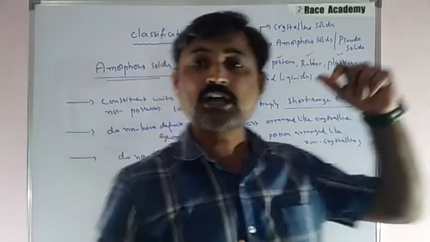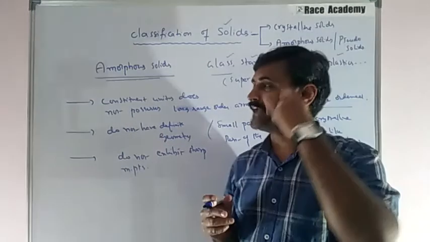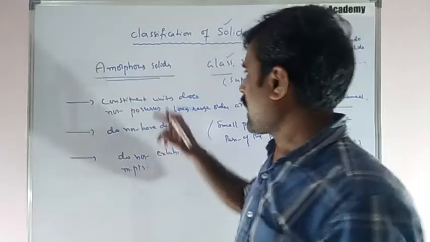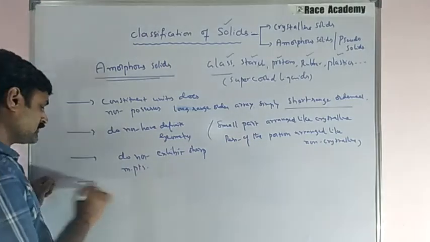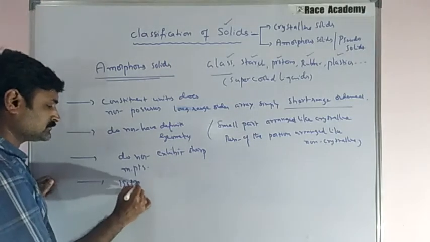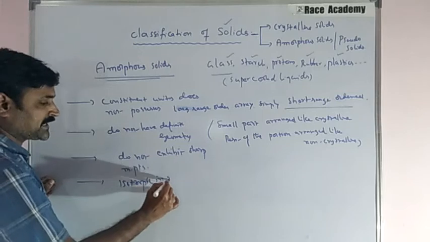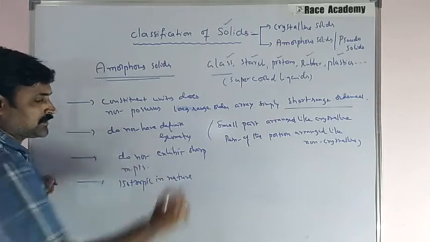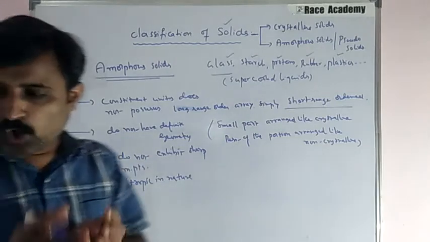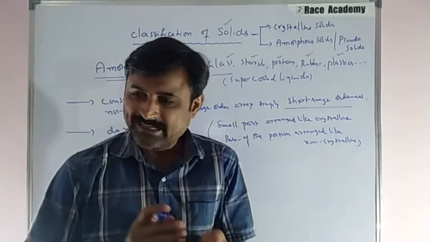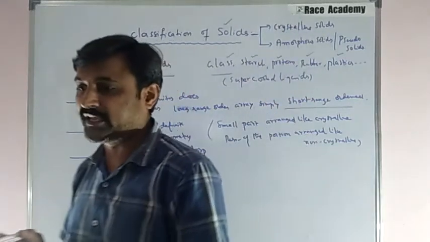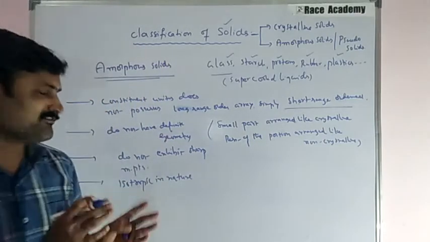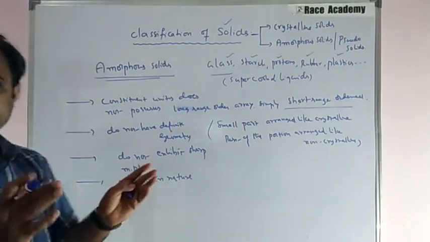When I come to the discussion about isotropy and anisotropy, amorphous solids are said to be isotropic in nature. So properties like conductivity and mechanical strength are noticed to have the same values in different directions.